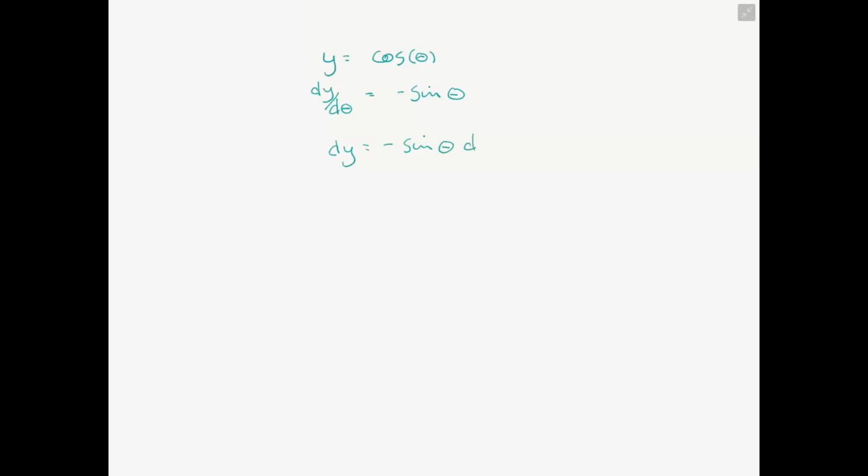So dy equals negative sine theta d theta, and then we take the integral. I keep forgetting the brackets. Then we end up with y equals cosine of theta plus c.